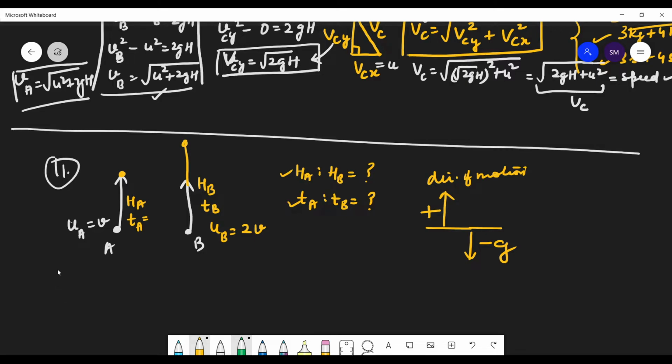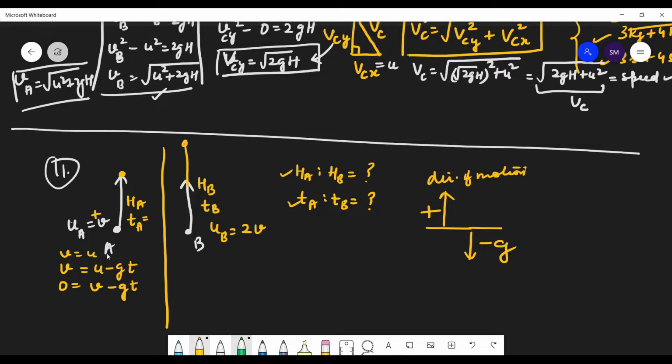So let us find out what will be the time to reach maximum height. V is equals to u minus gt. So for case A, V is 0. And what is u? u equals to plus V because it is upward. So 0 equals V, and this minus gt. We have already taken g minus, so we have written here minus gt, that is why.